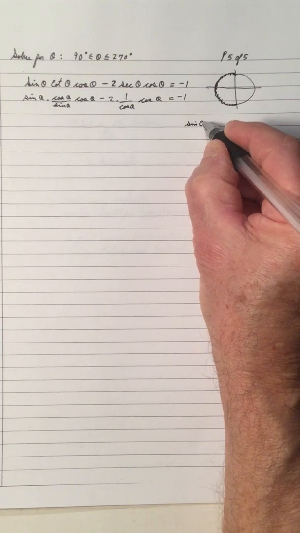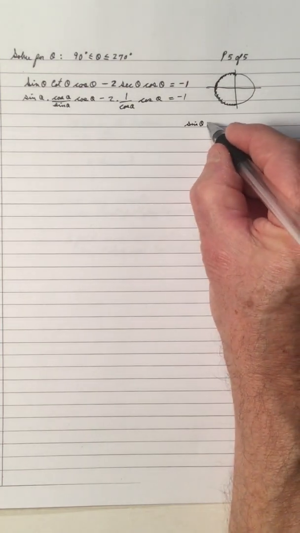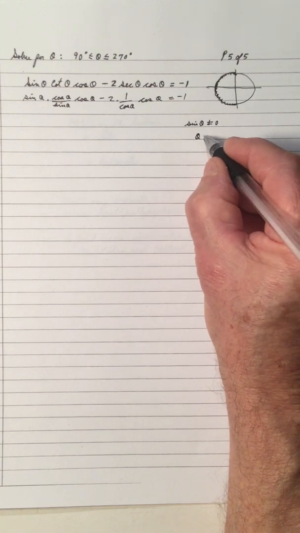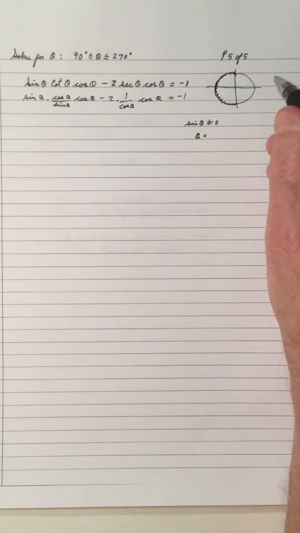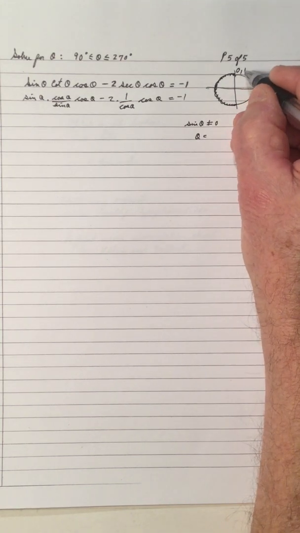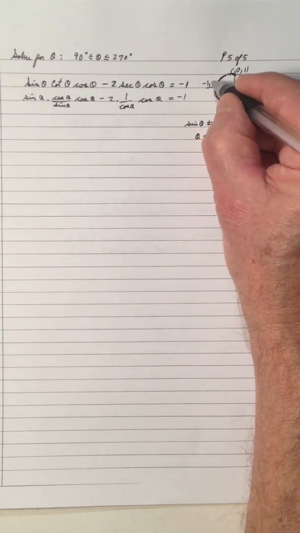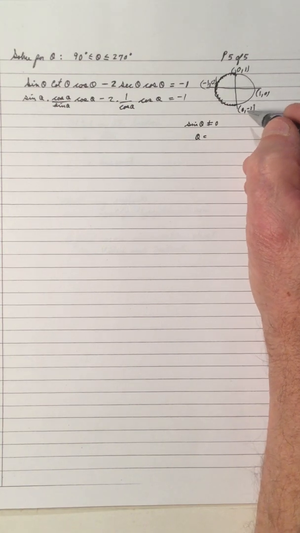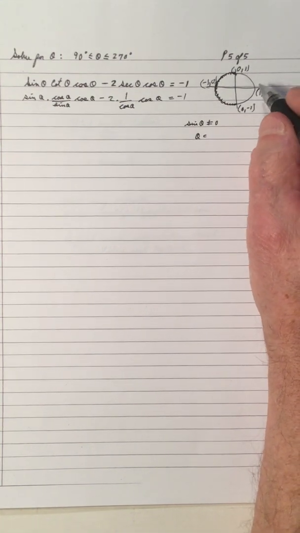Notice that sine theta can't be equal to 0 because it's undefined. That means, again, in terms of a circle, 1, 0, 0, 1. It takes a second to write it down, but if I were doing a quiz or something, I would have it down on a sheet of paper.